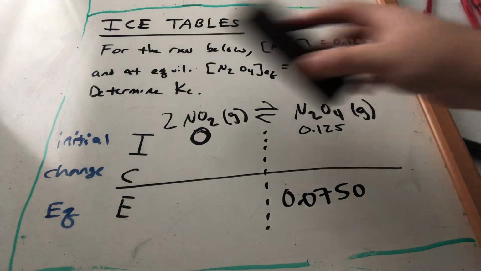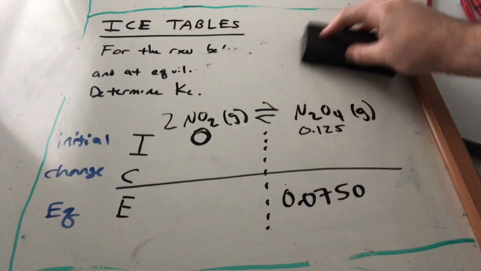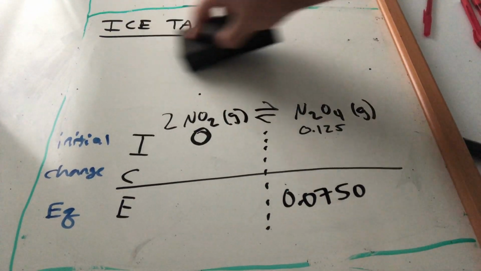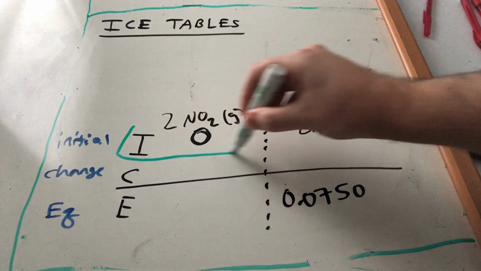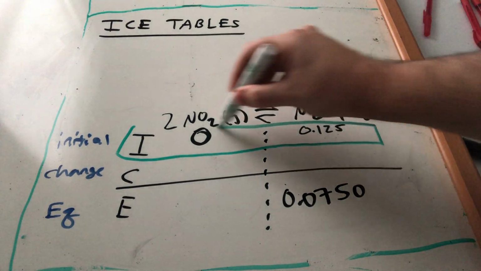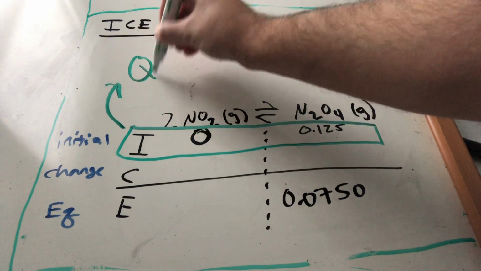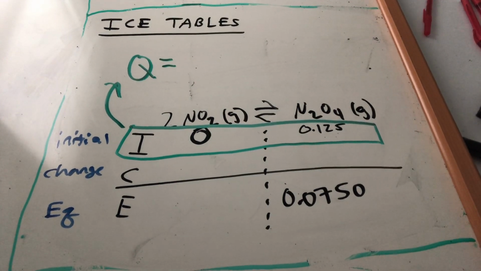So once we get our ice table set up, we have to remember our goal here is to determine Kc. Once we get our ice table set up, what we have to remember about our ice table is that I information in this spot can get us Q. And most of our problems start with, all right, a Q versus K check.